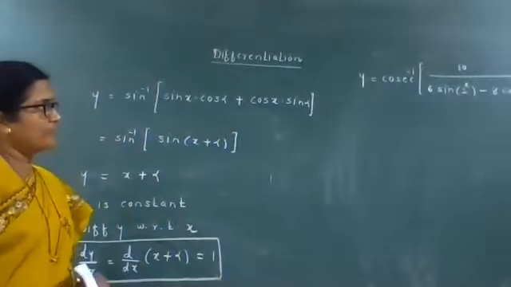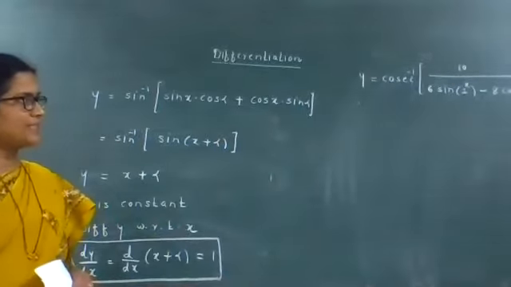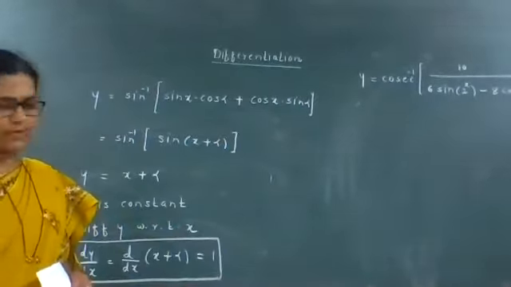Y equal to cosec inverse of 10 divided by (6 sin 2 raised to x minus 8 cos 2 raised to x).